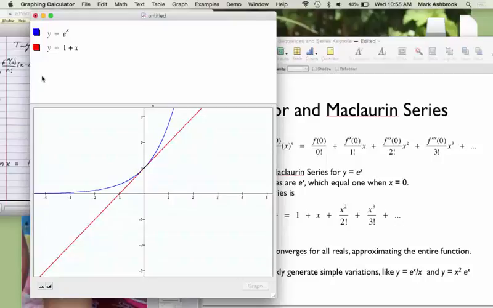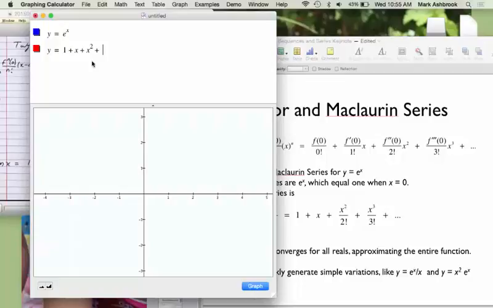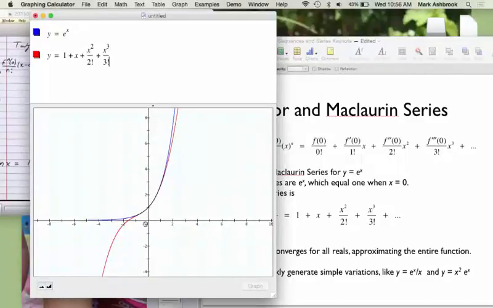If we were to zoom in right there, it'd be a decent approximation. But it's supposed to converge for all x, right? So let's do plus x squared over 2, right? Now plus x cubed over 3 factorial. Oh, nice. Already it's big. So now it's pretty good from -1 to 1 or 2.